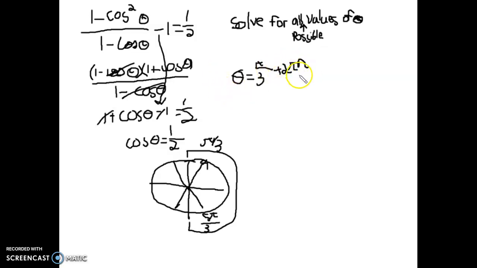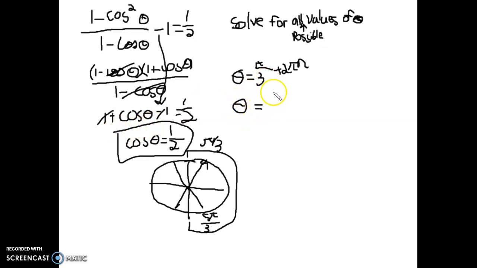And essentially what 2 pi n means is that every single time you revolve around the unit circle, every single time you revolve around it 360 degrees, you're going to achieve all the possible values of theta for that specific derived radian, in which cos of theta is equal to 1/2. Again, referring to this equation right over here.